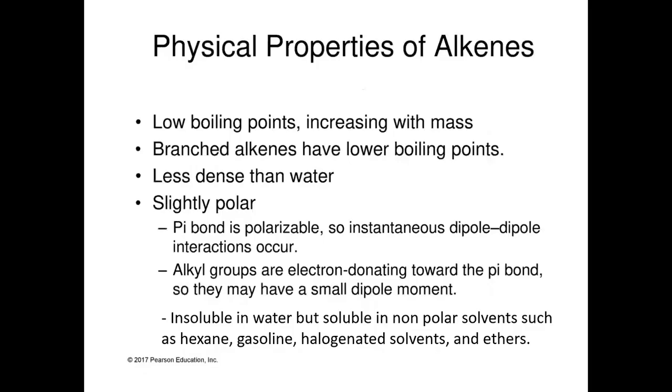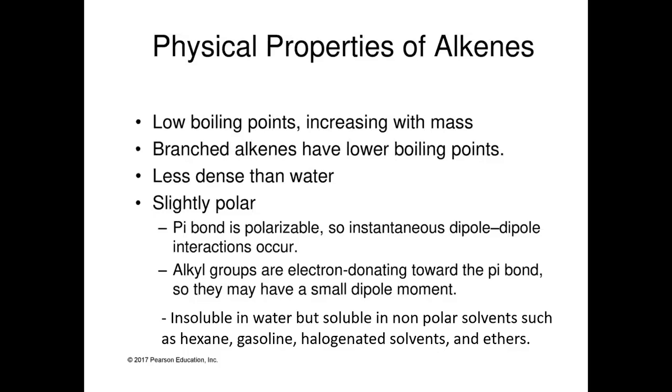So, physical properties of alkenes. They have low boiling points, increasing with mass. The branched alkenes have lower boiling points. They are less dense than water. They are slightly polar because the pi bond is polarizable, so it has the tendency for dipole interaction with water, right?